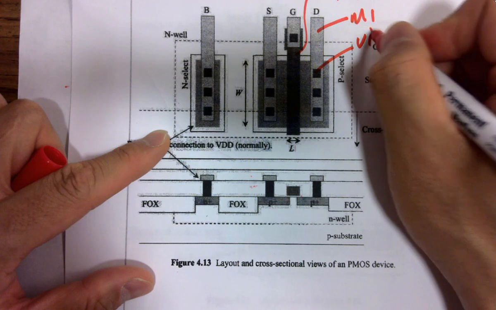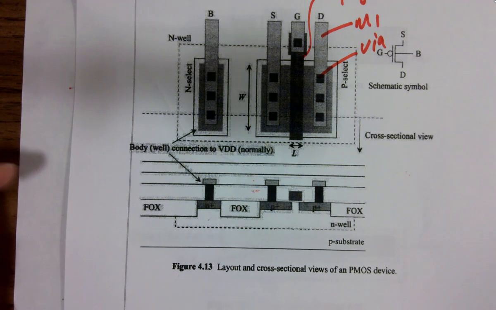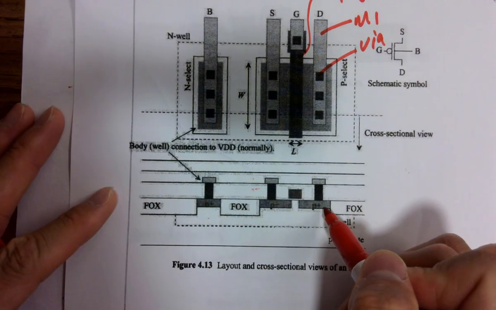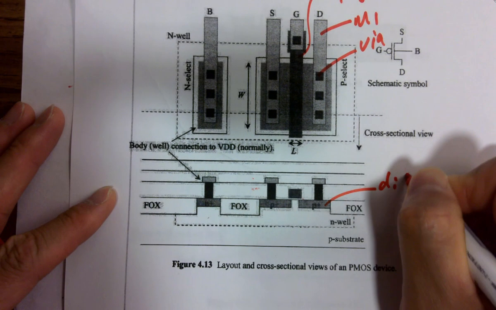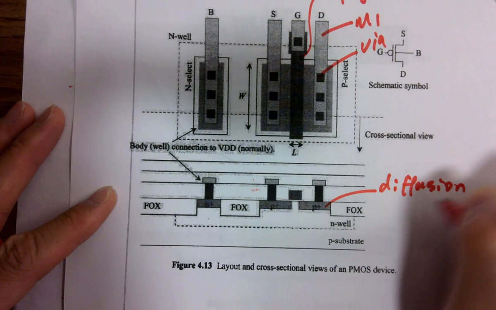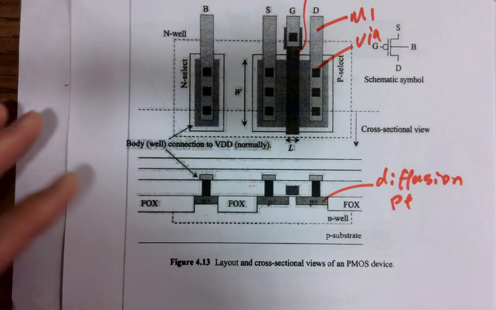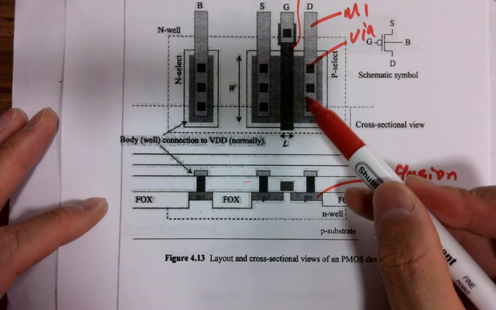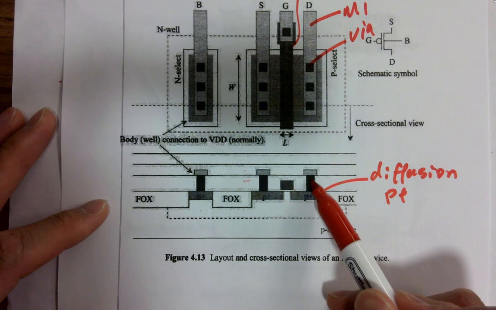And that's a via. That via is actually from the wafer level, or we call it diffusion, okay? No matter if it's a P plus diffusion or N plus diffusion, it's a diffusion. So this via is a diffusion to metal 1 via, which is this guy.